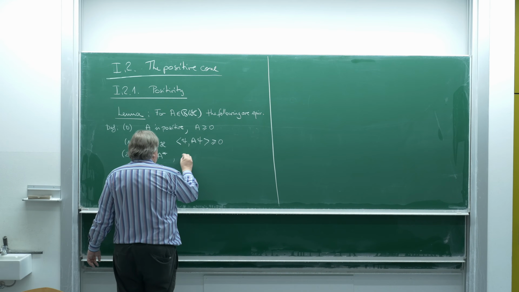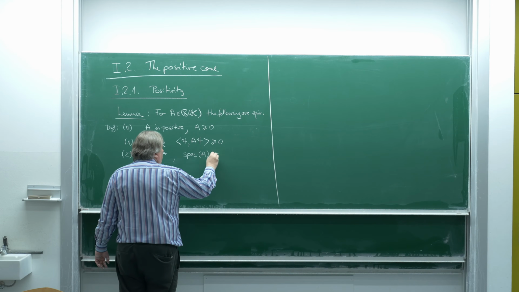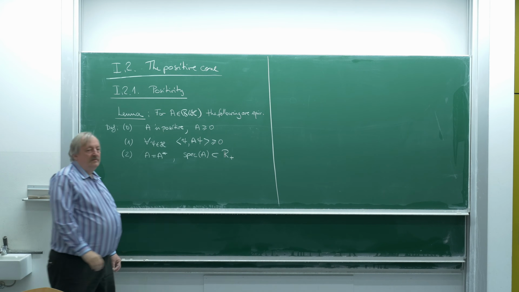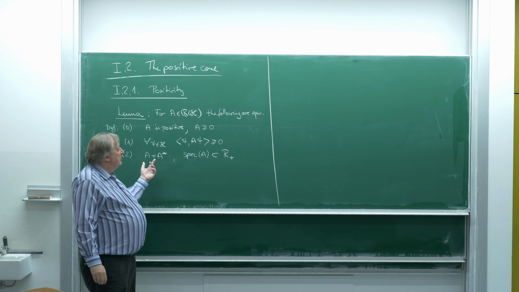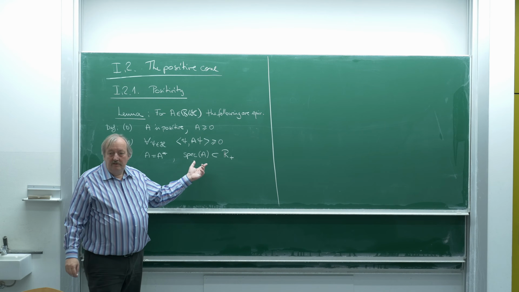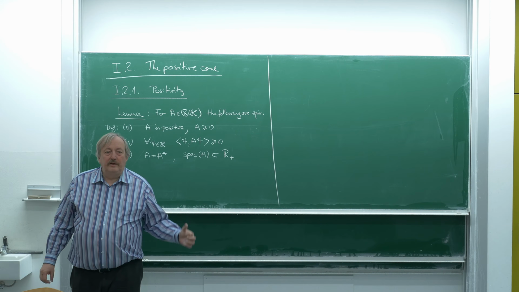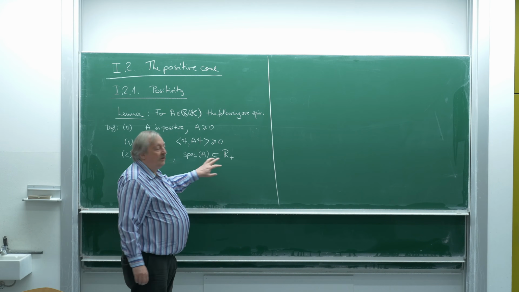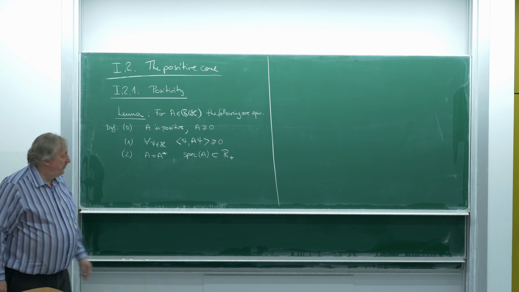And the spectrum of A is a subset of the positive numbers. So in general, when you have a Hermitian element, you know that the spectrum is in the reals, on the real line. I discussed that when we talked about the spectral theorem. But now this is a strengthening, right? So the spectrum consists of positive numbers.